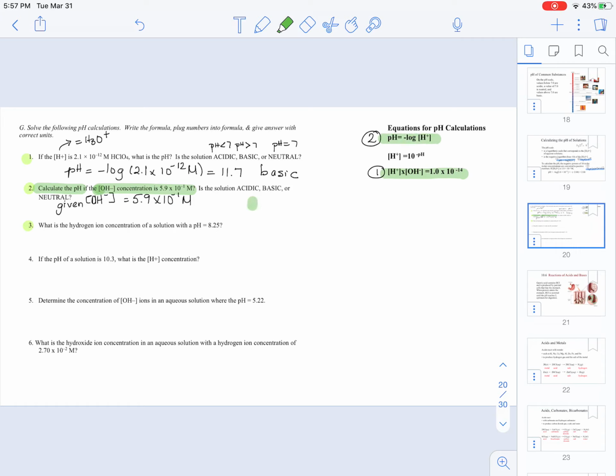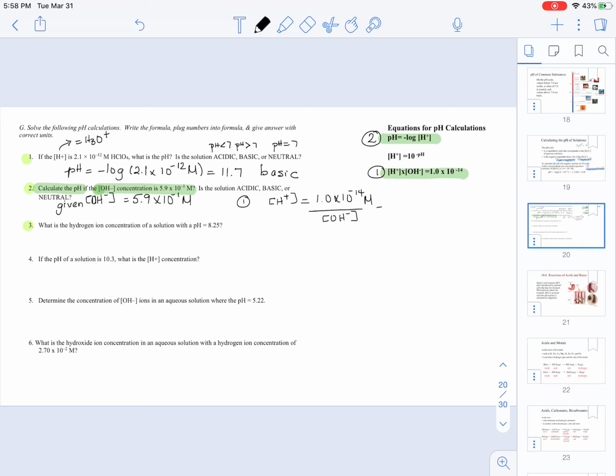Those are the two equations that we're going to utilize in this problem. In the first equation, if we separate it to find the concentration of H+, that means that 1.0 times 10 to the negative 14 molar over the concentration of OH- can give us the concentration of H+.